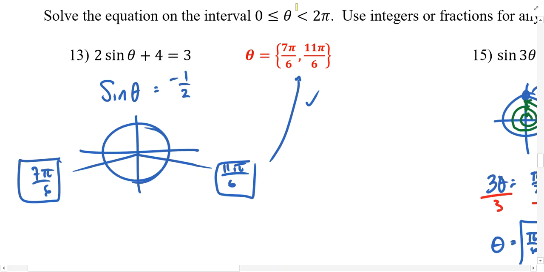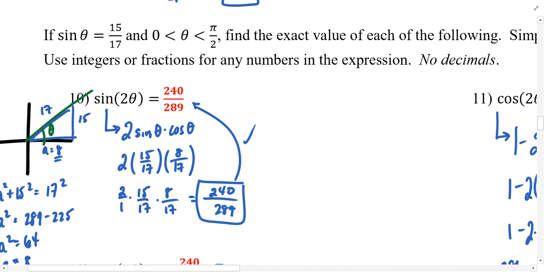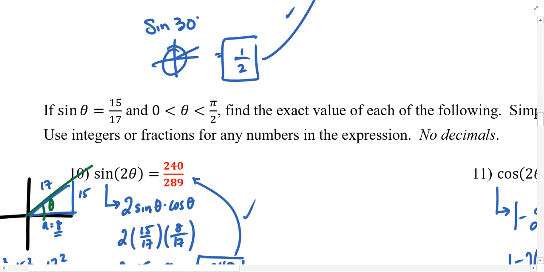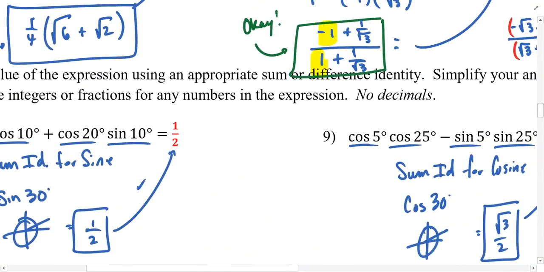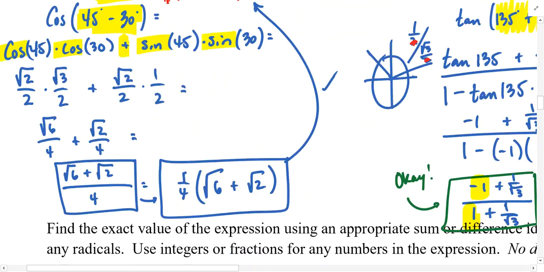Now, I've noted, or hopefully you noticed, that we've switched to radian measurements here because our domain restrictions are indicated in radians. For questions back here, the instructions didn't say anything, but the problems themselves were given to us in degrees.